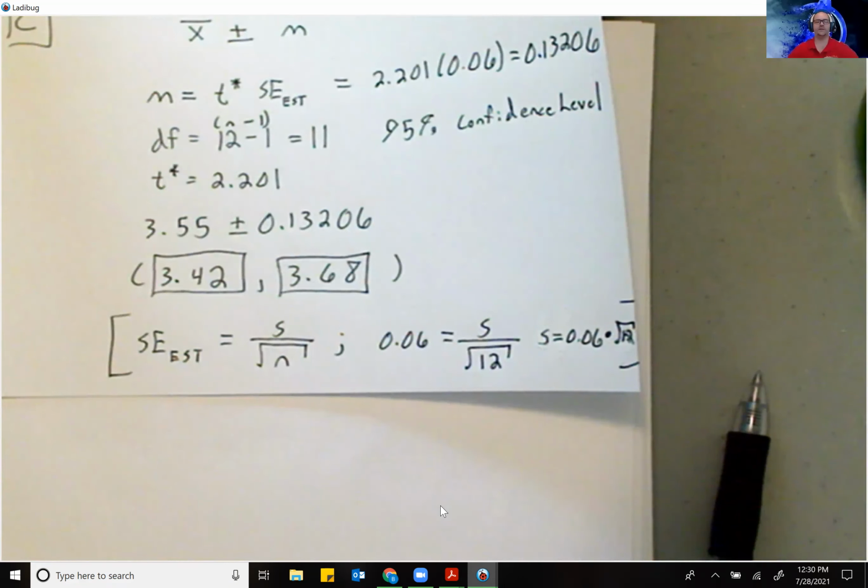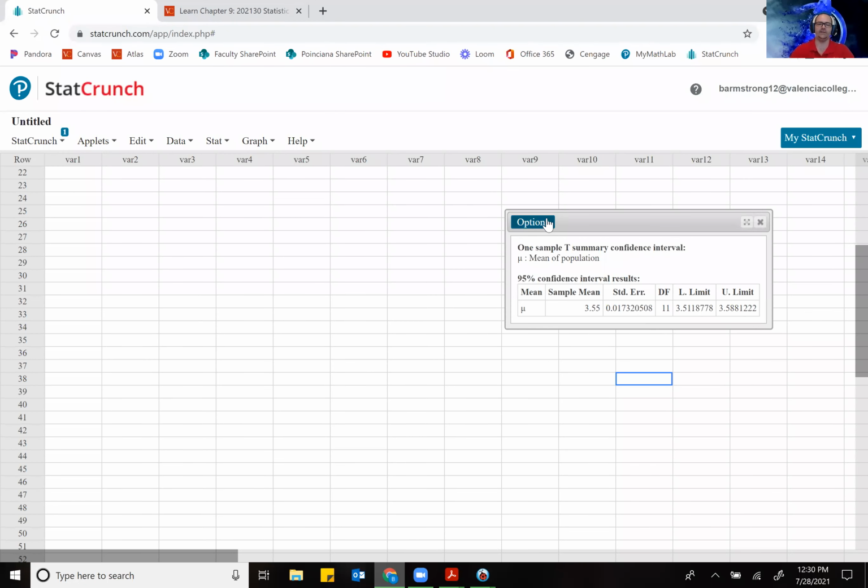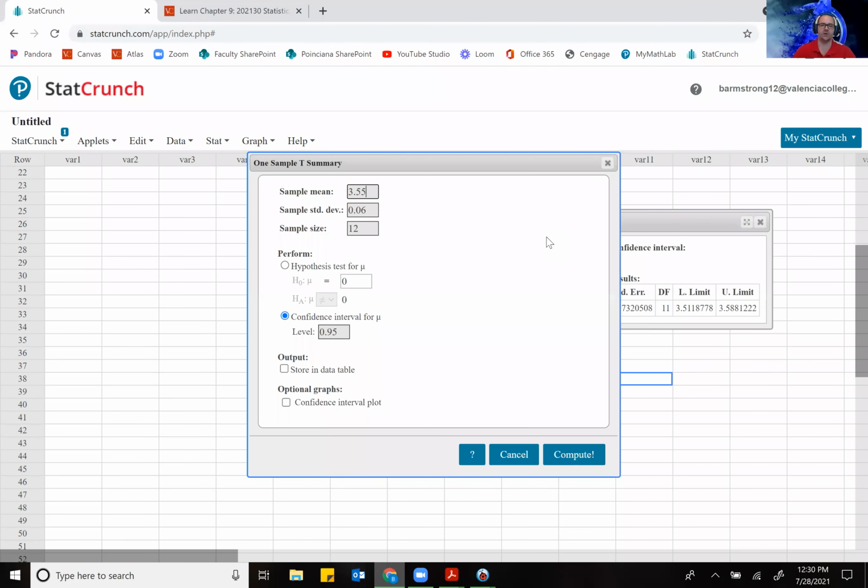So I've got the number. I'm going to go back in and put this in StatCrunch real quick. If we go in here and edit this, we should get the same answer. If you get two different answers, then we know that we did something wrong, because it should have been the same answer. So this is 0.2078460969.